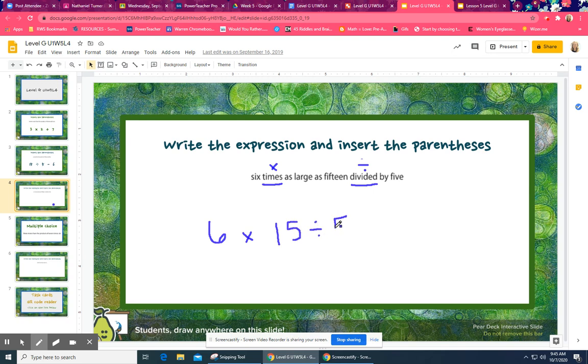So basically, you just have to read it and decipher whether you're supposed to do 6 times 15 first or do 15 divided by 5 first. And if you read it again, it literally says you need to take 15 and divide it by 5. It doesn't ever say you need to do 6 times 15, which means our parentheses are going to go right here. I told you this stuff was tricky.